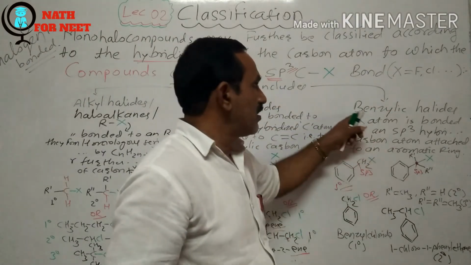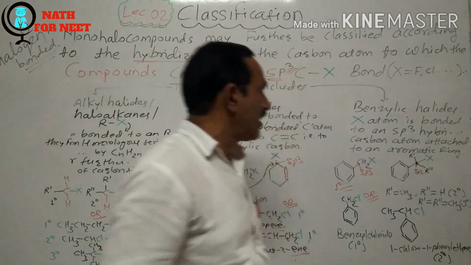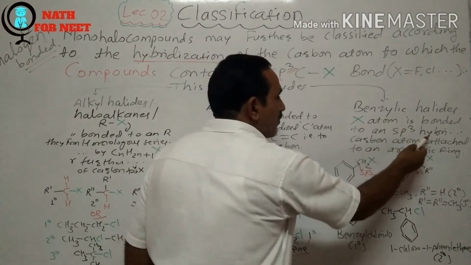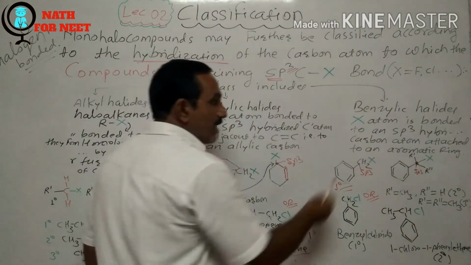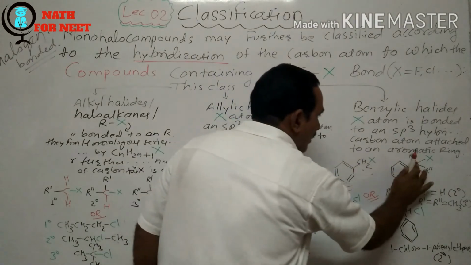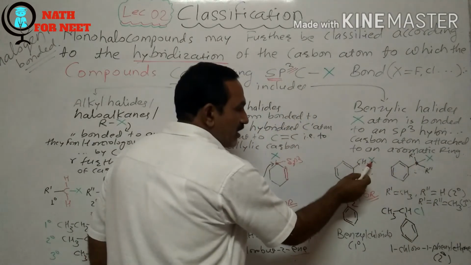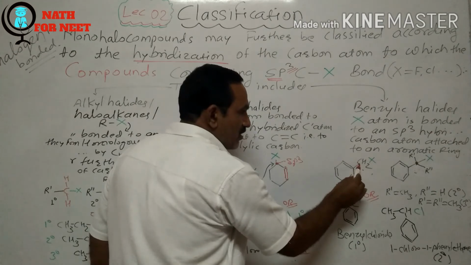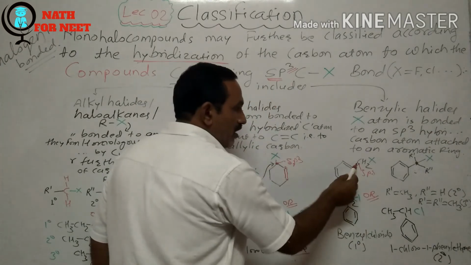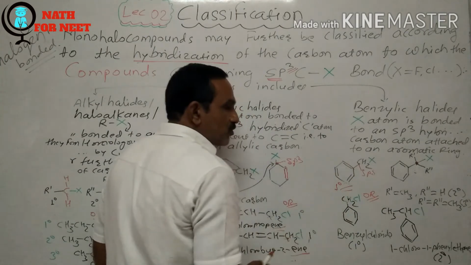So the third case is the benzylic halide. These are the compounds in which the halogen atom is bonded to an sp3 hybridized carbon atom attached to an aromatic ring. So see here, this halogen atom is bonded to this carbon. This is the sp3 hybridized carbon atom attached to the aromatic ring.